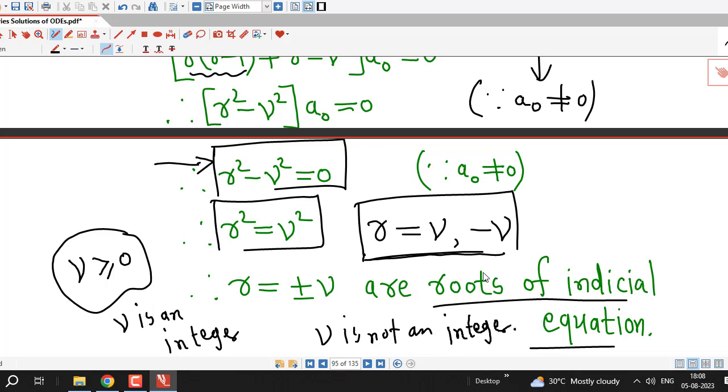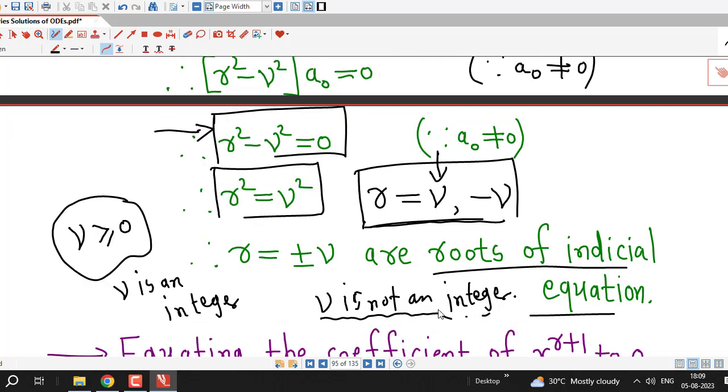So first we are going to discuss the case that this number ν is not an integer. So that means the roots of the indicial equation do not differ by an integer. So first we will consider r equal to ν, and we will find the solution of Bessel's equation corresponding to r equal to ν, where ν is not an integer.